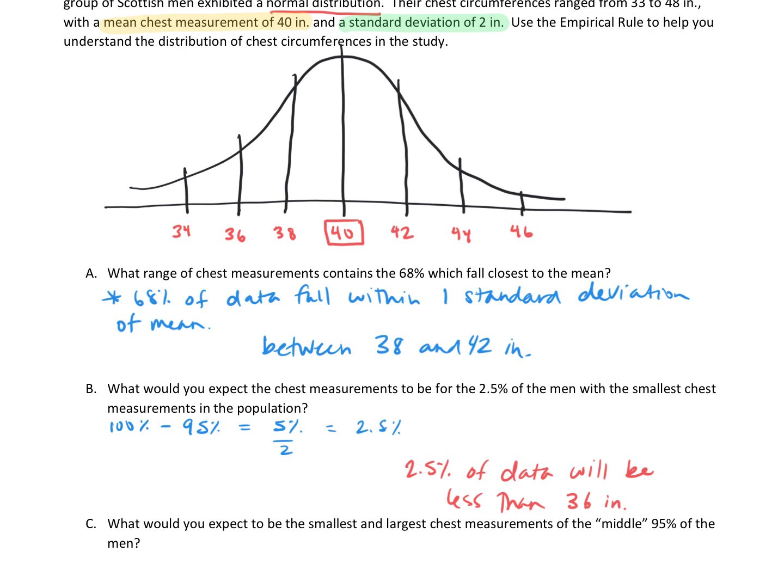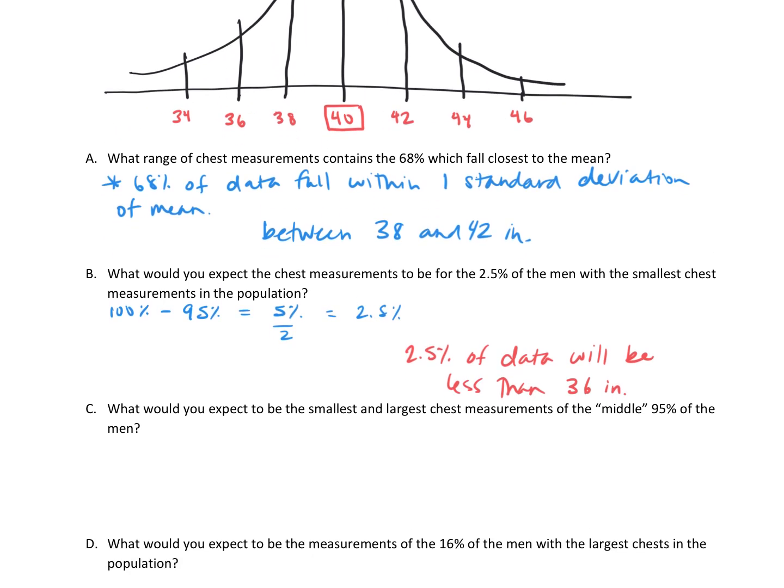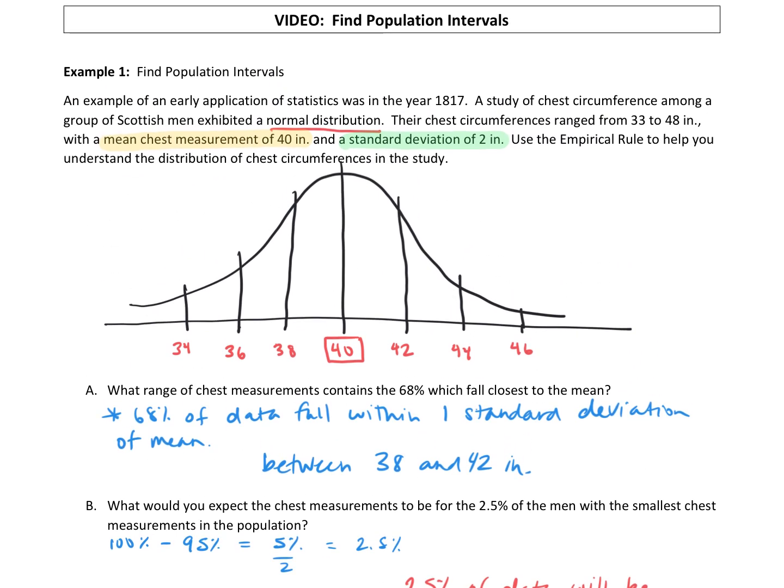All right, part C. What would you expect to be the smallest and largest chest measurements of the middle 95% of the men? So 95%, that's one of our key percentages. If we look back at our normal distribution, we know that 68% of the data fall within 1 standard deviation, so from 38 to 42. 95% is the next one. 95% of the data fall within 2 standard deviations.